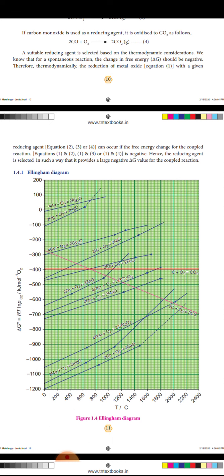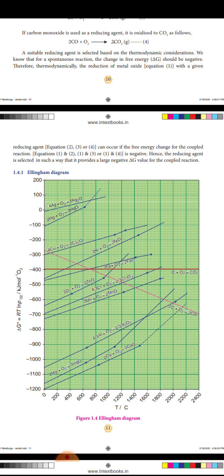For mercury oxidation, it is minus 100. For copper, minus 300. For nickel oxide formation, minus 450. For iron oxide, minus 450. For zinc, minus 650. For chromium, minus 700.